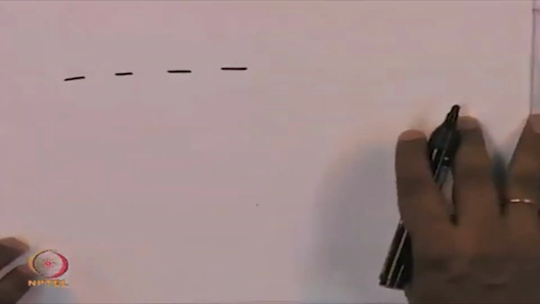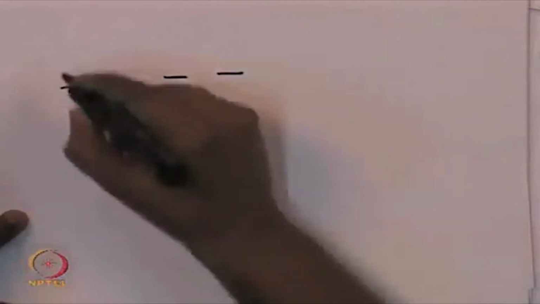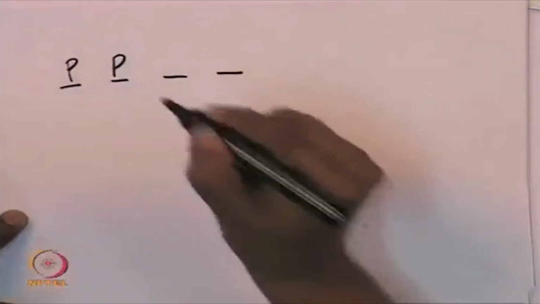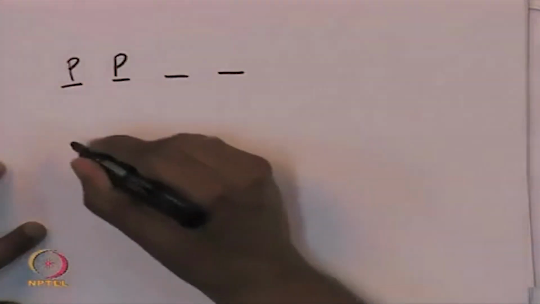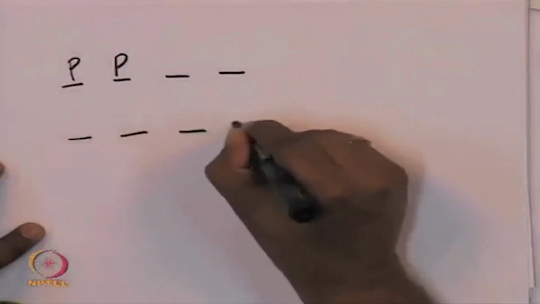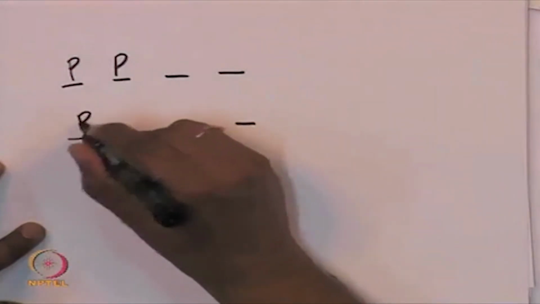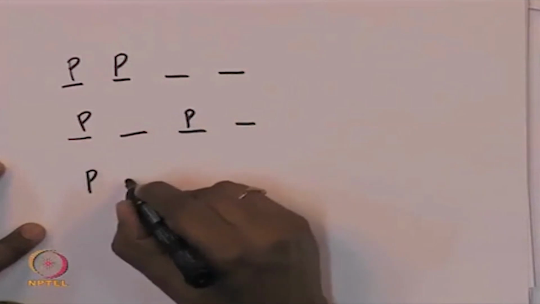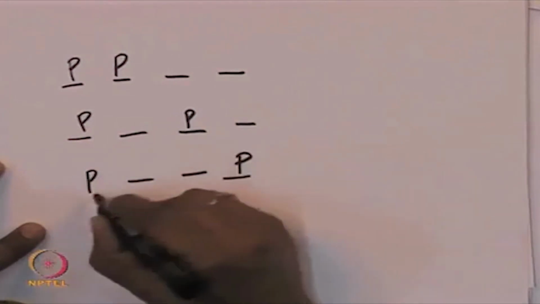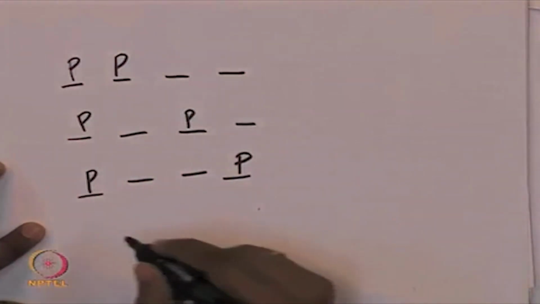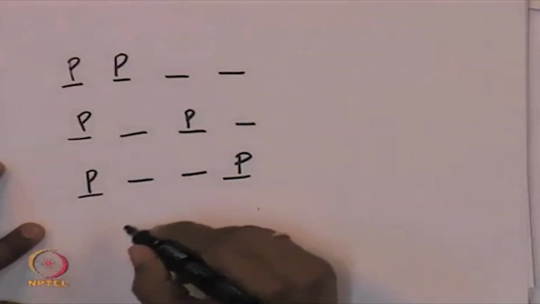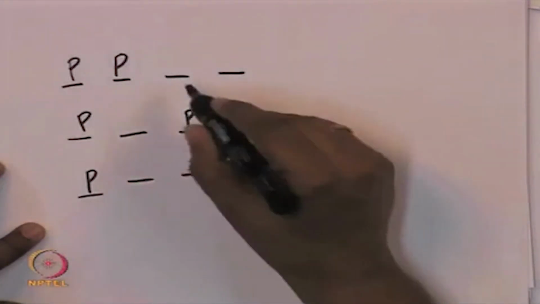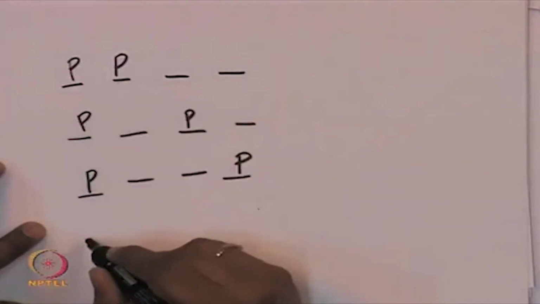There are 4 binding sites and there are 2 proteins. So, then we can have an arrangement which is like this, we can have an arrangement which is this here.